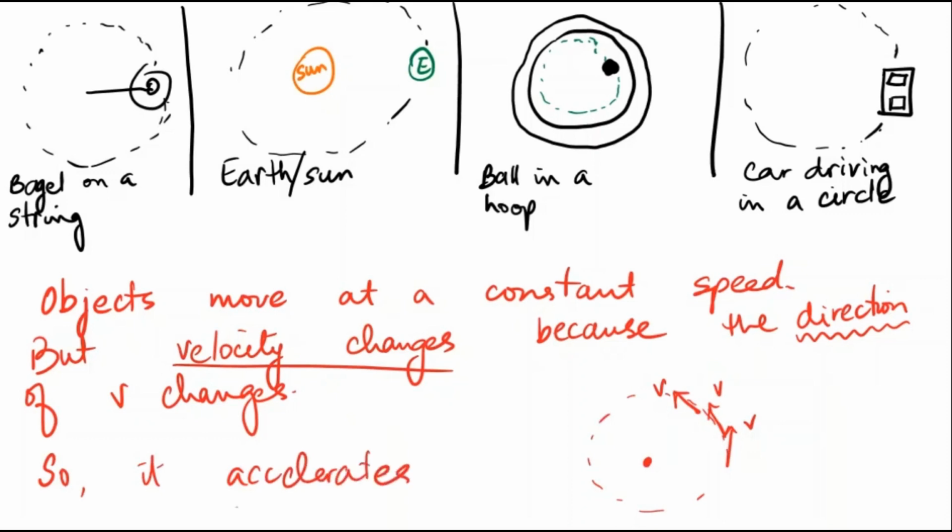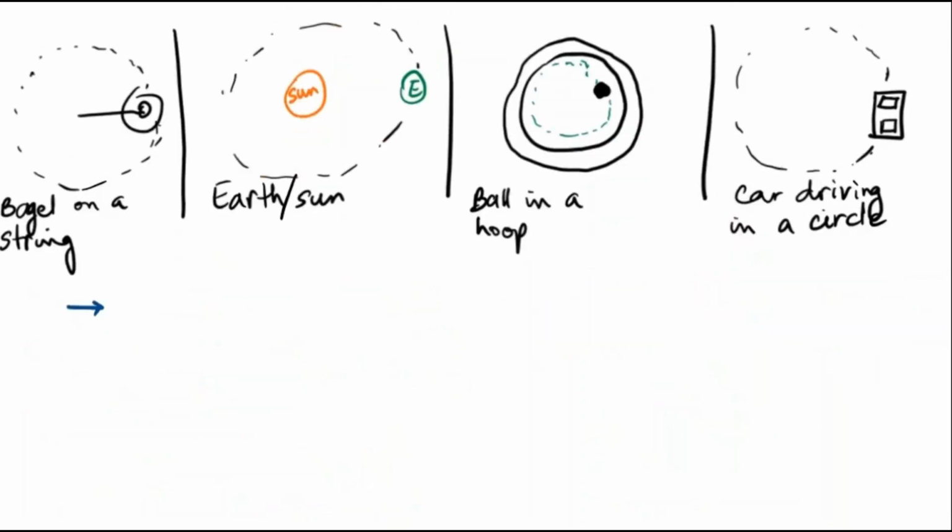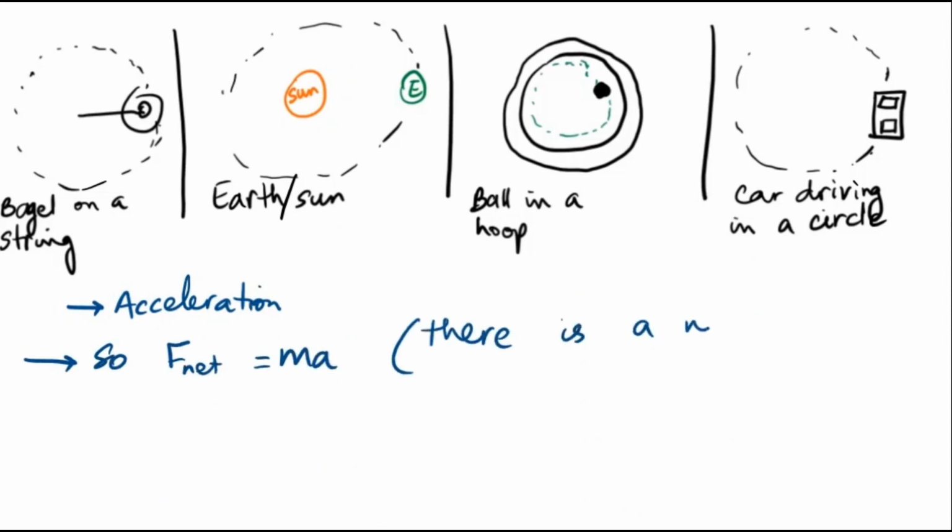So that's why we say that this object is being accelerated. Now if there's some acceleration, then according to Newton's second law, there has to be some net force, which means there is some net force in these scenarios.